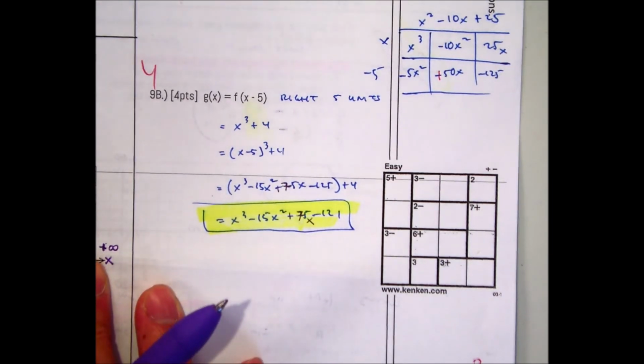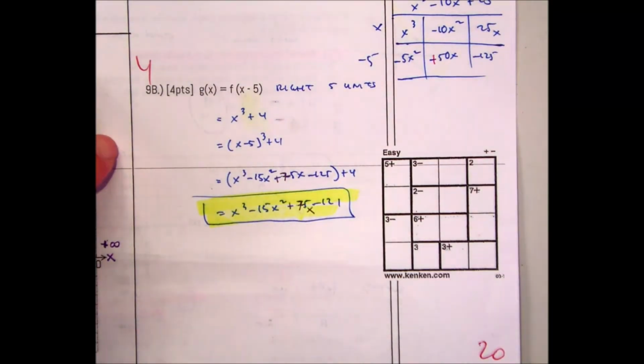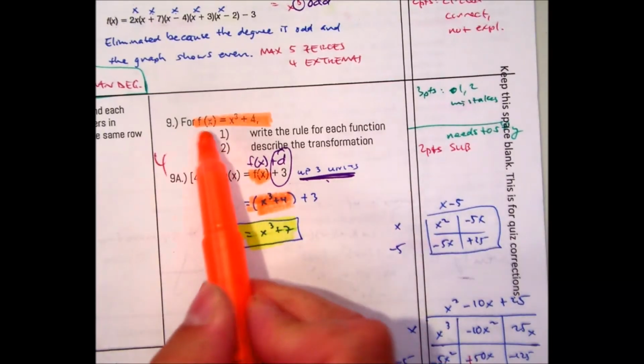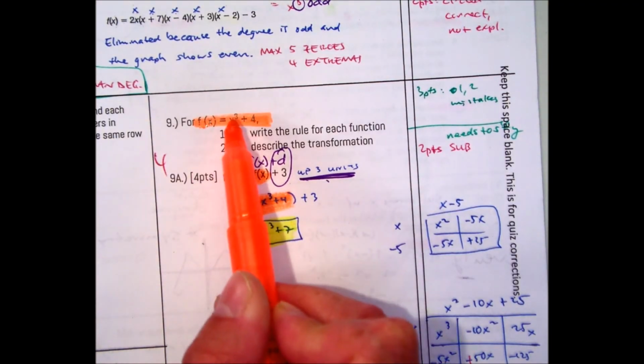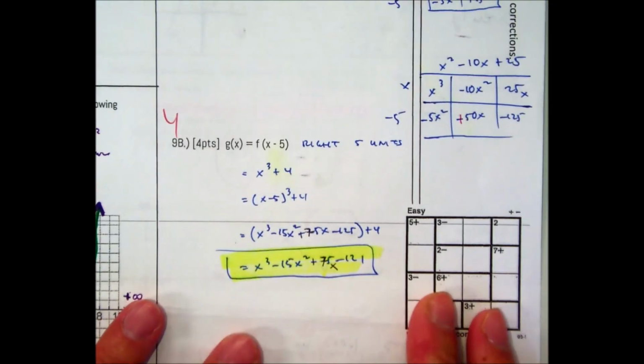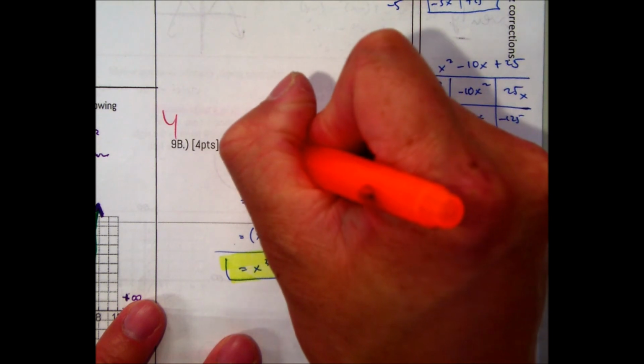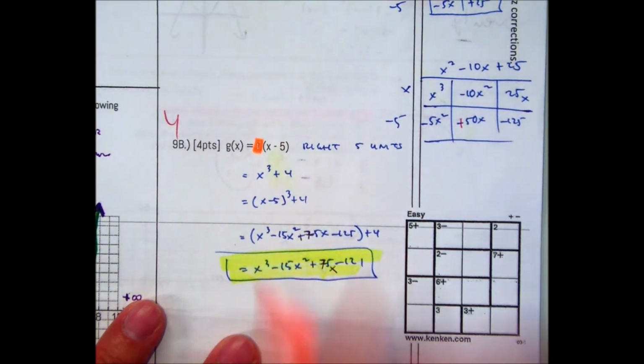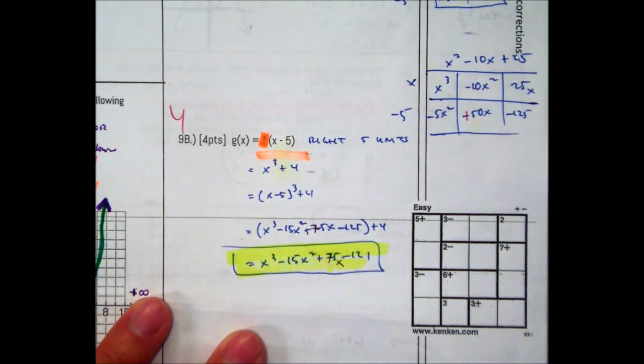Question 9b, same thing. This one's a little bit harder. Every time you see f of x, you're going to write x cubed plus 4. Now, here is f of x. Essentially what you're writing there is x cubed plus 4.